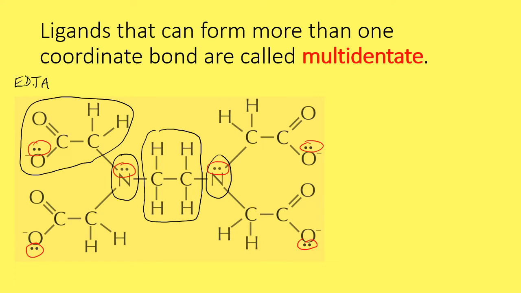So we've got 6 lone pairs that could possibly form coordinate bonds with a metal ion. And 6 is more than 2, so we call it a multidentate ligand. So we've got 6 lone pairs, which is potential for 6 coordinate bonds, which is why we call EDTA a multidentate ligand when it joins up with a metal ion.